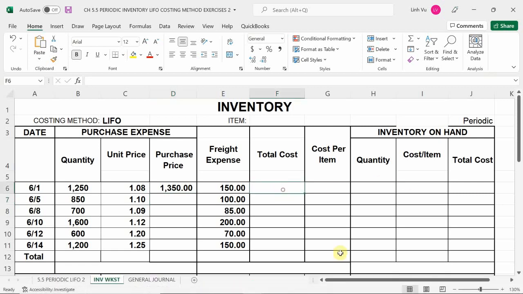So what's the formula to solve for my total cost? You need that purchase price with freight expense. Good. So 1,350 plus 150 gives me a total of 1,500.